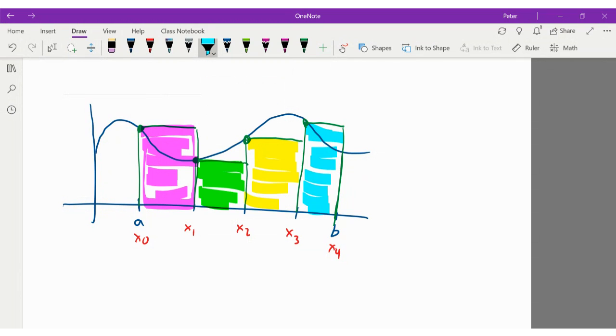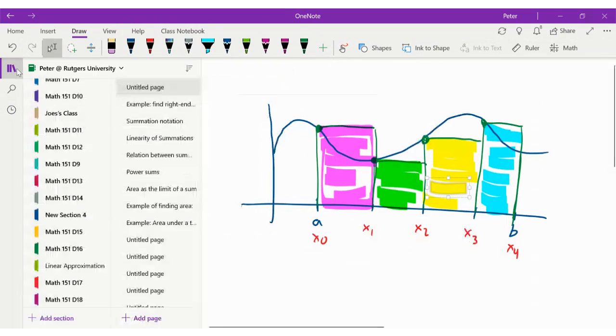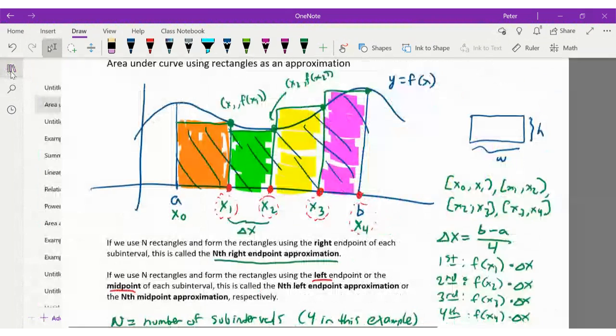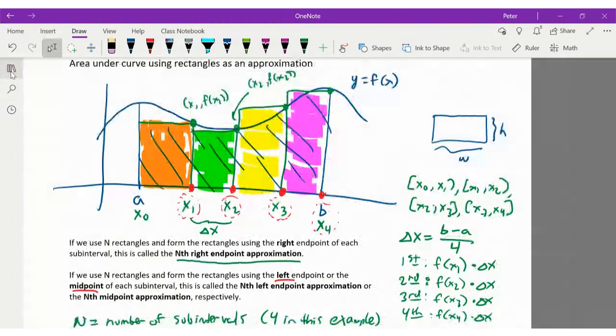So these are four different approximating rectangles, but if you notice, and hopefully I tried to draw the function in the same way, they're different heights for what's basically the same curve. It's the same function, but I'm getting different heights for the rectangles because I'm picking a different point as the basis for the height.